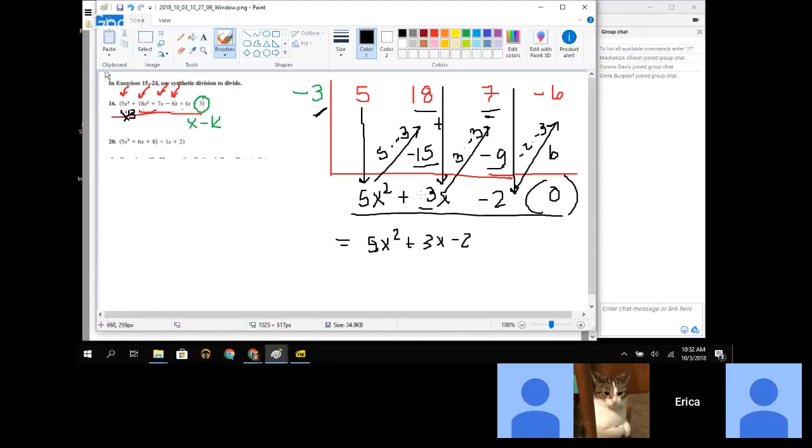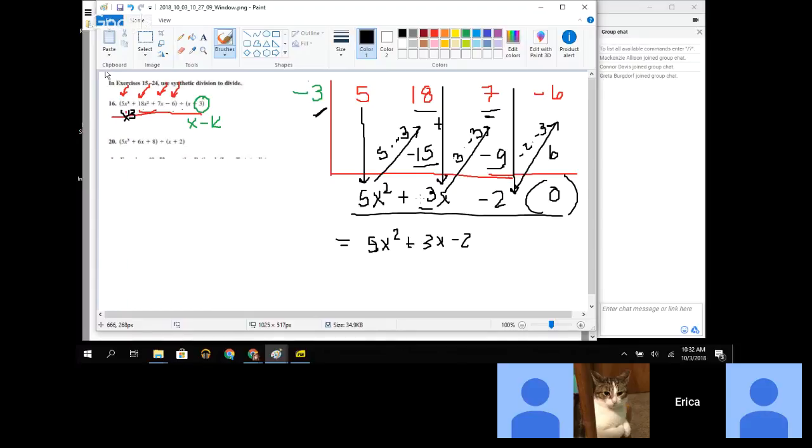Then if we move to number 36, it says use the remainder theorem and synthetic division to evaluate the function at the given value. Use a graphing utility to verify your results. Oh no, so you might actually have remainders, and I shouldn't have said that about 15 through 23.